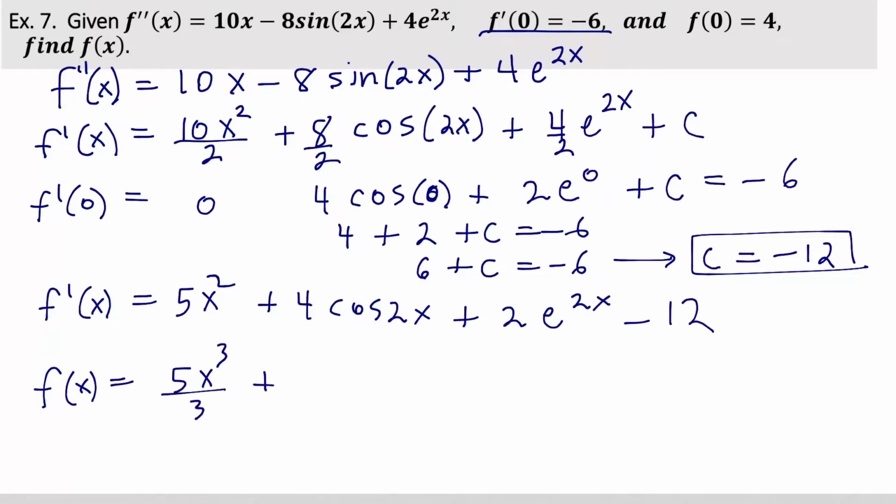All right, so here we go again with the cosines and the sines. I like to think about, if I take the derivative of the sine, will I end up with that? Well, I've got that 2 I have to worry about again, so I'm going to have to divide by 2. Now, if I take the derivative of 2 sine of 2x, will I get 4 cosine of 2x?